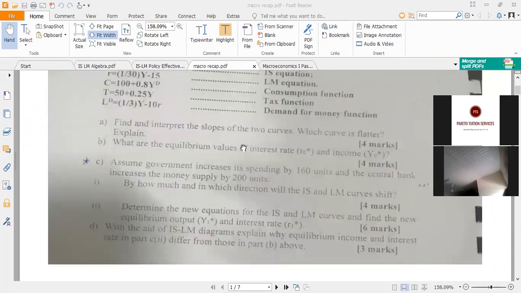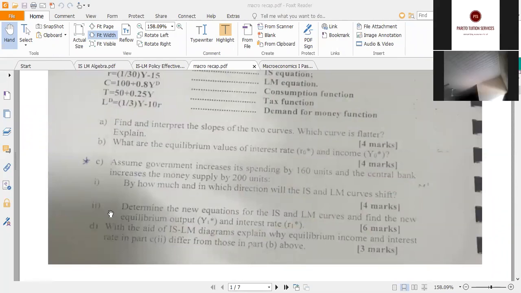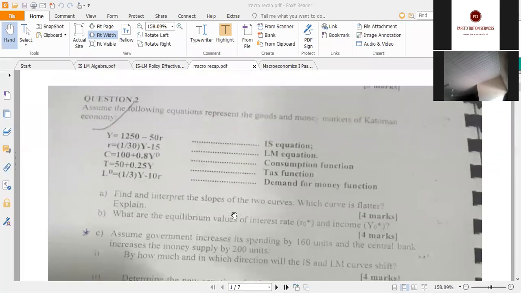Right. Then the next question, we are to find the new equations for the IS and the LM curves and find the new equilibrium output. What you have to do is take the IS curve and add the change in Y resulting from the change in government spending.